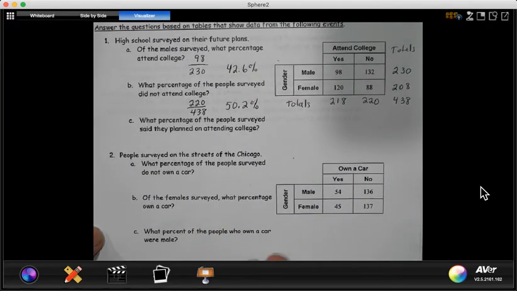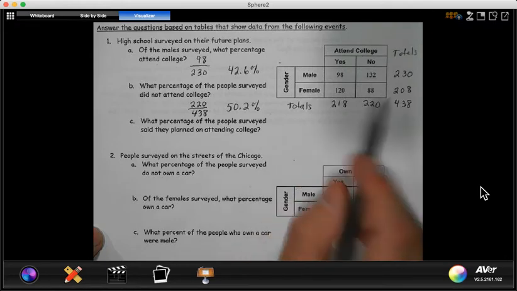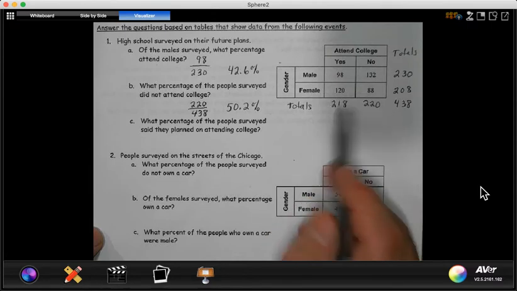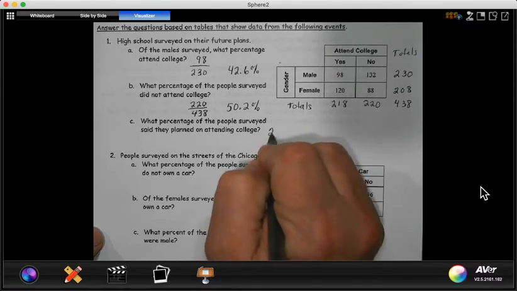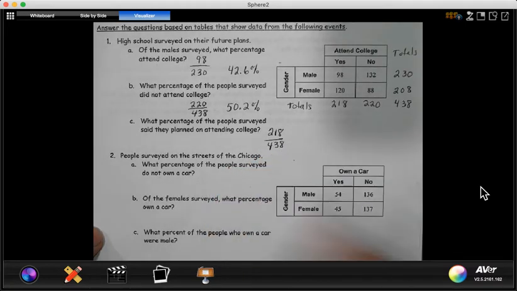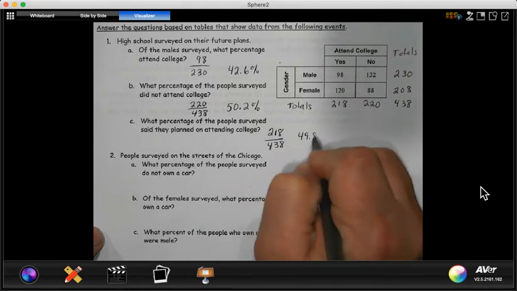What percentage of the people surveyed said they planned on attending college? So 218 out of 438 should be the opposite of that and should be 49.8%.